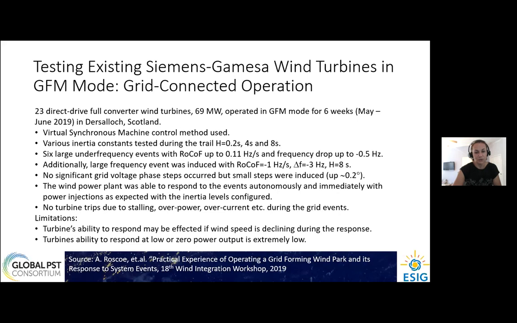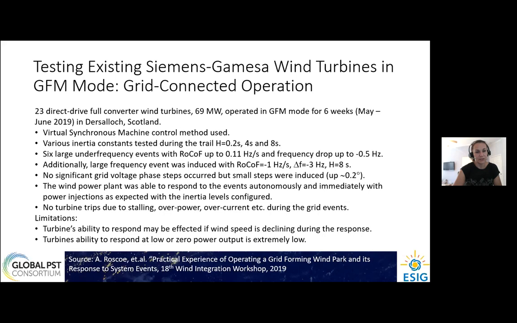The controls were changed to operate in grid forming mode for 6 weeks in 2019, in Scotland. They were operated in virtual synchronous machine mode and tested various inertia constants, and you can see numbers here on the slide.